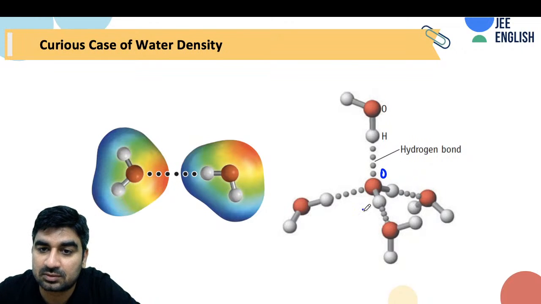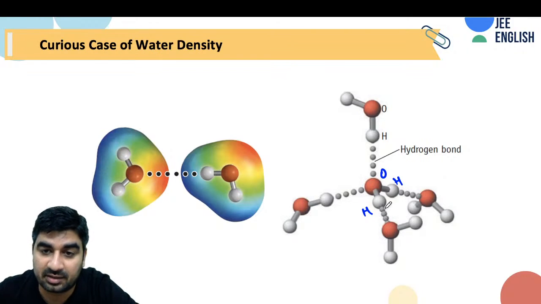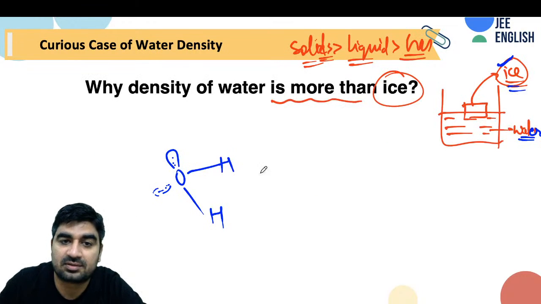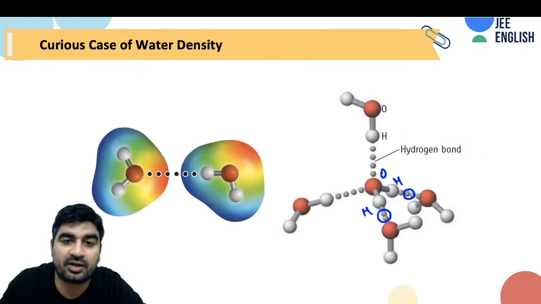This is O, this is H, this is H, and this H is making a hydrogen bond with another O. And this O is making a hydrogen bond with another molecule.